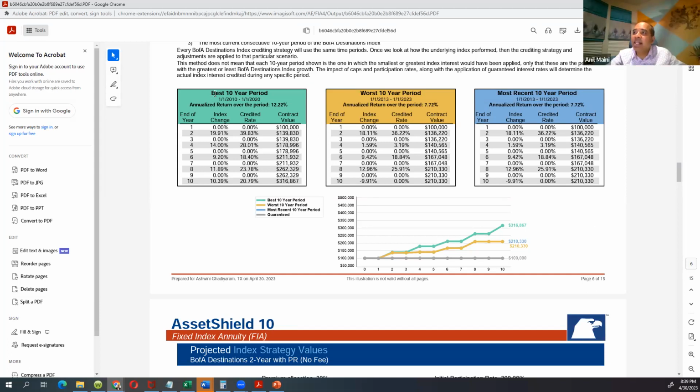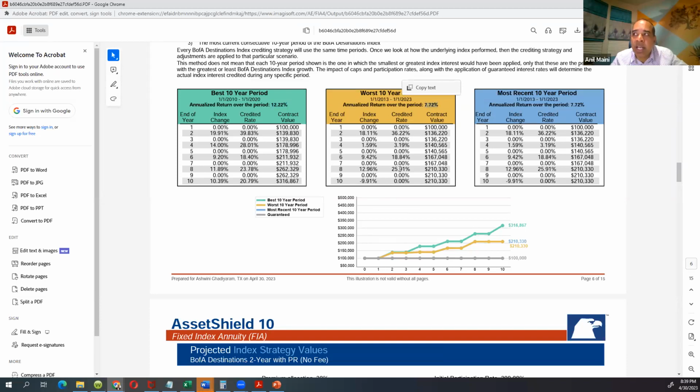So this is the best 10 years out of the last 20 years. The average annualized return is about 12%. And in the worst 10 years, the average return is 7.72%.